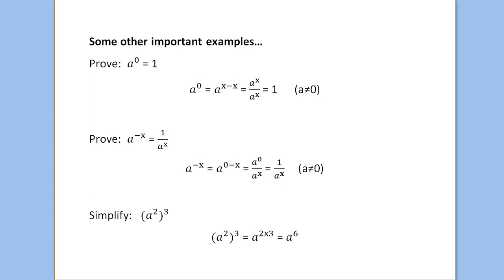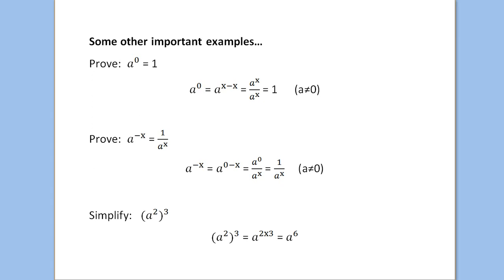So a to the x minus x, because we're subtracting the powers, that's the same as having one and dividing it by another. So you convert that to a to the x over a to the x. The bases are the same, we're dividing, so we subtract the powers. So it's a to the x minus x. We're just going in the reverse direction. So you need to be able to handle these guys. You need to know how to go in both directions.